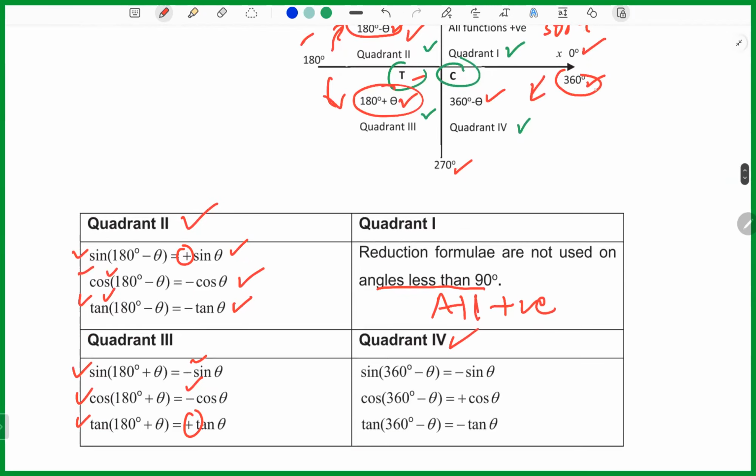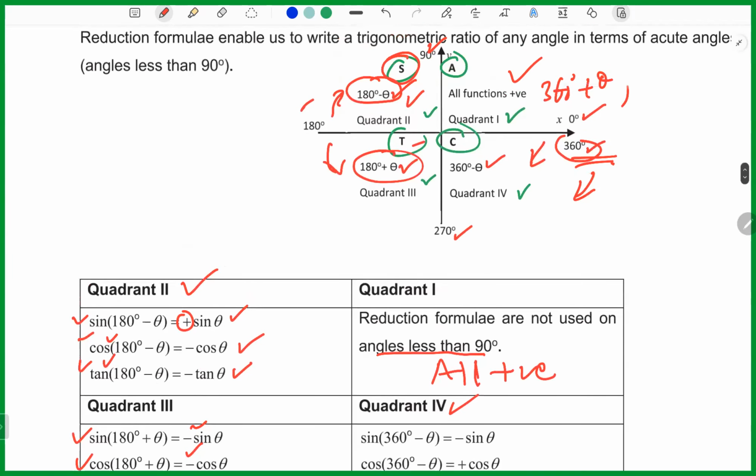In quadrant 4, it's this one. So this is 360 degrees, but if you go back, you subtract. And if you go further, you add. So going back from 360, you're going back to 270, because you're moving 0, 90, plus 90 is 180, plus 90 is 270, plus 90 is 360. But when you get to 360, you go back, so it becomes 360 minus.